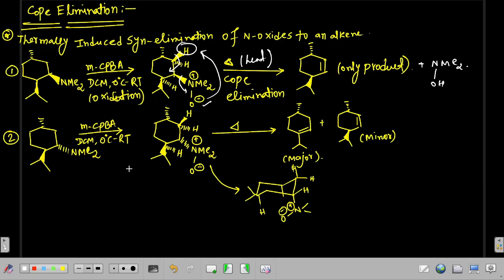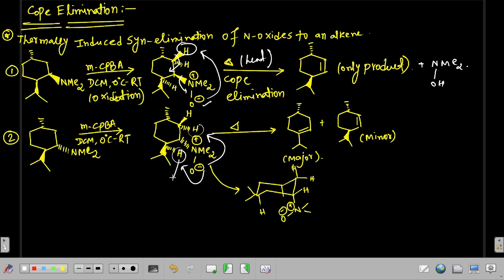On the other hand, in this reaction, we have two hydrogens here which are in the same plane as the oxygen. So it will form two products. It will abstract this proton also, and it will abstract this proton.